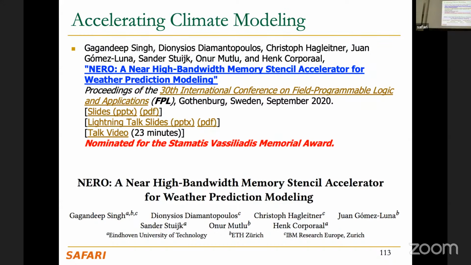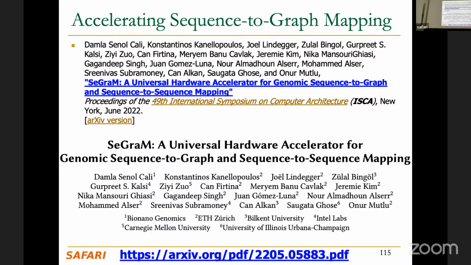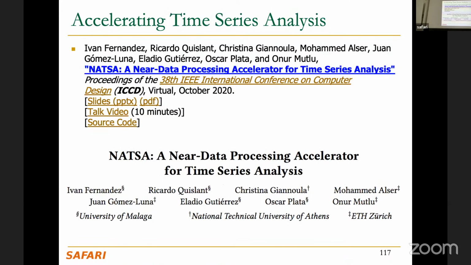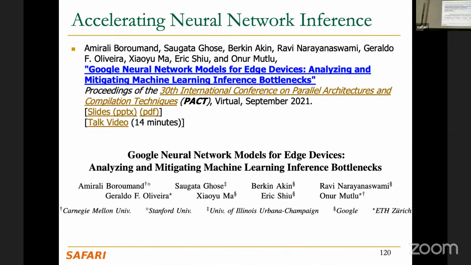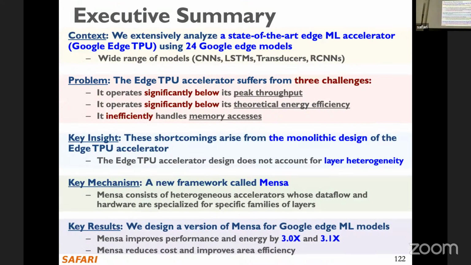Also for weather prediction, approximate string matching for sequence alignment, genomic sequence to graph or sequence to sequence mapping, base calling and read mapping, time series analysis, graph processing, some database operations, and for neural network models running in edge devices. And for those, I'm going to briefly talk in more detail.